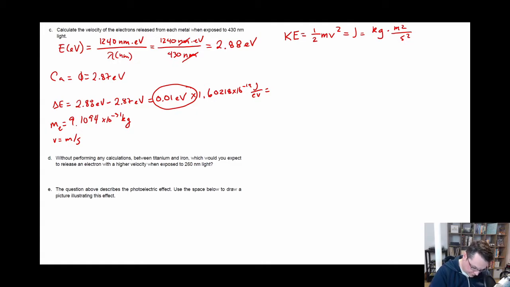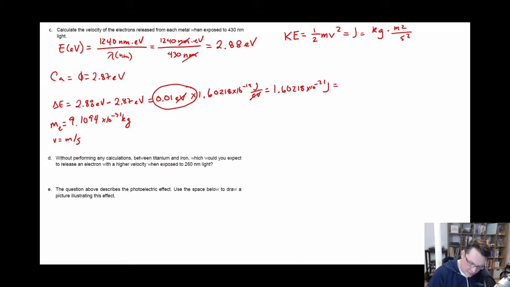That gives us 0.01 times 1.60218 times 10 to the negative 19 joules per electron volt, which gives us 1.60218 times 10 to the negative 21 joules, because the electron volts cancel in these cases. So that's what our kinetic energy is in joules.